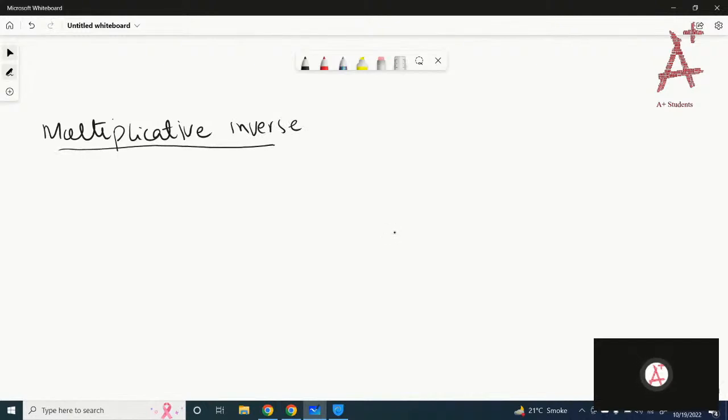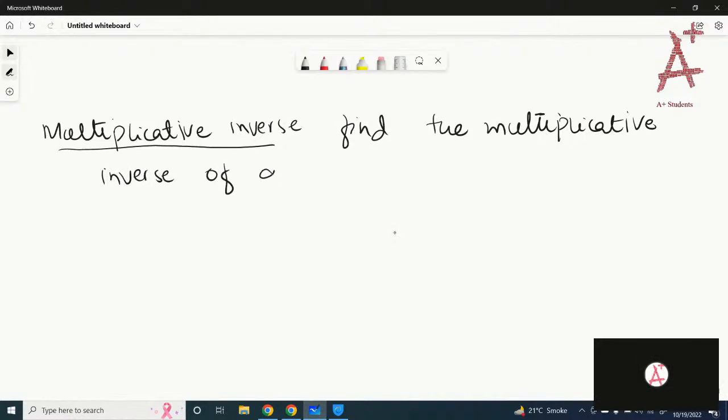Find the multiplicative inverse of a fraction by switching the numerator and the denominator. So when we need to find the multiplicative inverse, we simply switch the numerator and denominator. Got it?